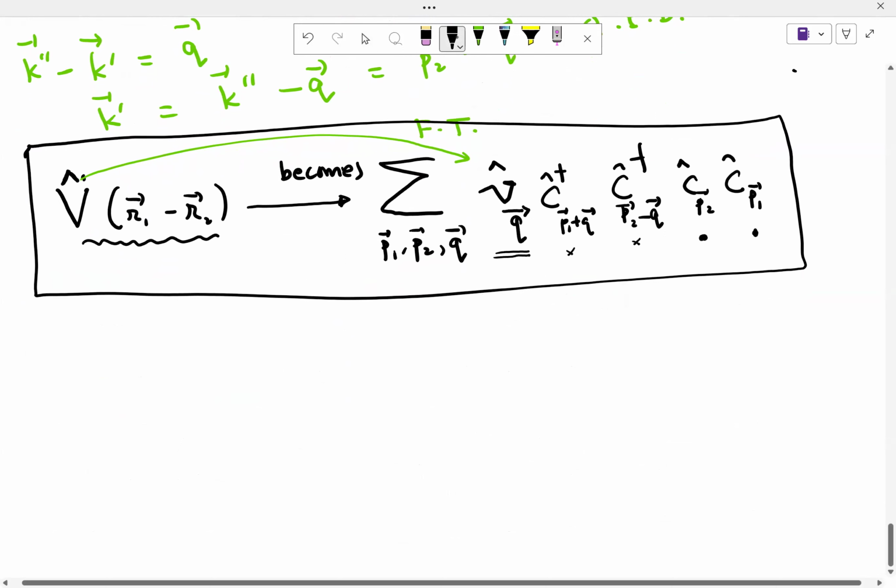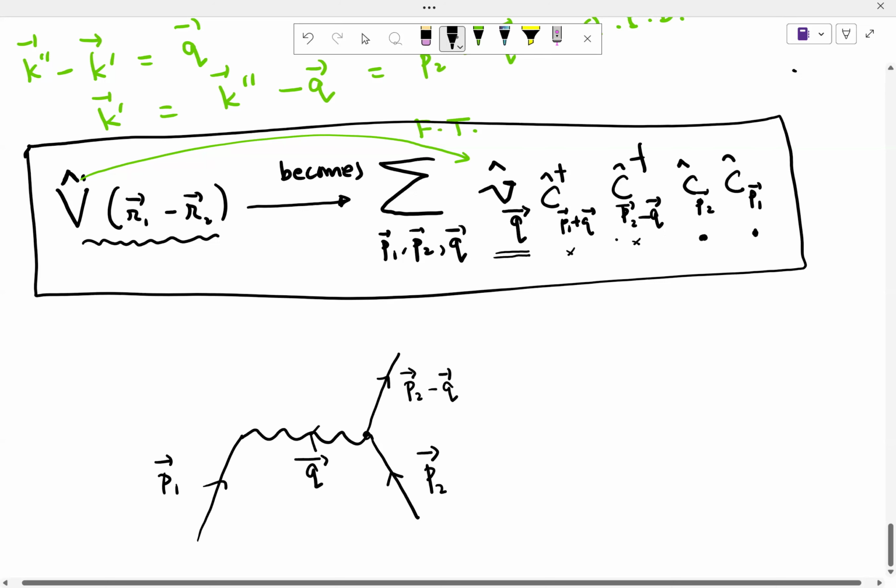So if I draw a Feynman diagram for this, I have a particle of momentum P1 coming in, a particle of momentum P2 coming in. Then there is an interaction between the two particles, which is the Coulombic repulsion. In this interaction, a momentum Q is transferred. After the interaction, the first electron moves away with a reduced momentum P2 minus Q, which is given here.